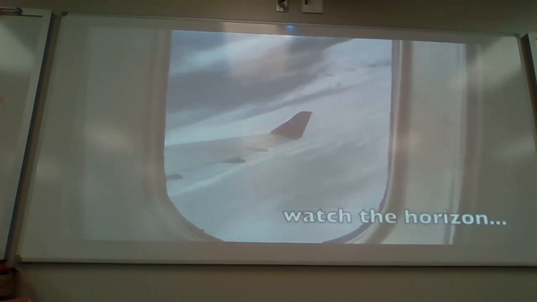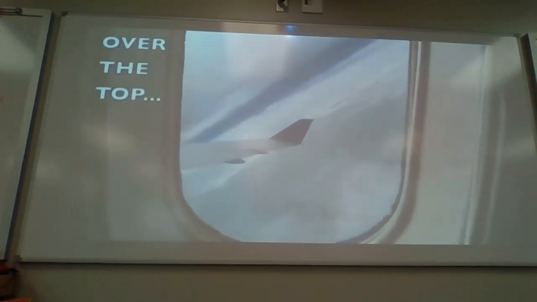Okay, so this is looking obviously out of the window at the plane. Notice how steep the angle is. Right now it's like they're pulling up out of the initial hill on a roller coaster, so they're feeling really heavy. Okay, and then when they go over the top, just like on a roller coaster, you feel lighter.